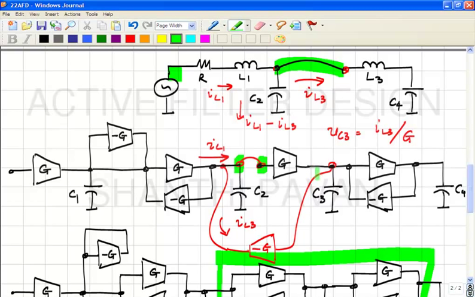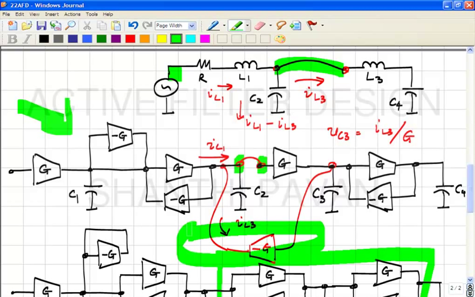Please note that if I wanted to convert this into a cascade of biquads, what would I do? I won't have this transconductor at all, correct? Instead, I will make that the damping transconductor for the second one. Okay. So, as far as the economy of transistors is concerned, this is no better.